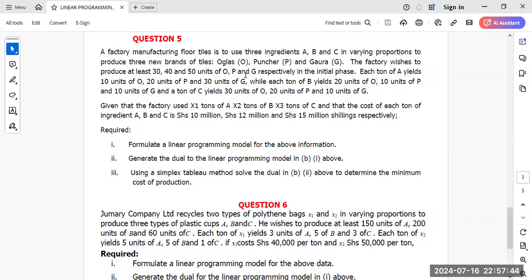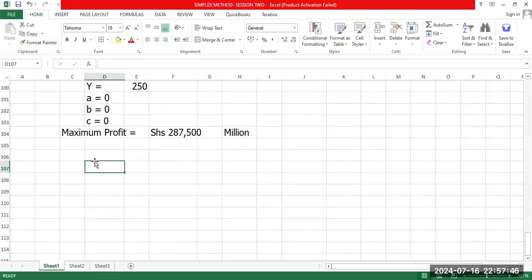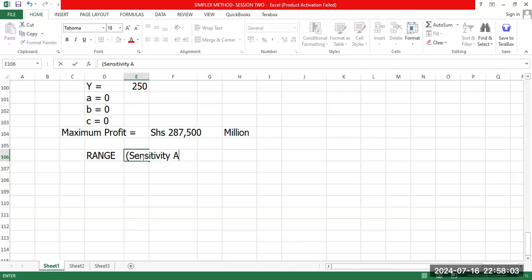Okay, you need to pay attention on this range. Sensitivity analysis. They will always show you the basis.